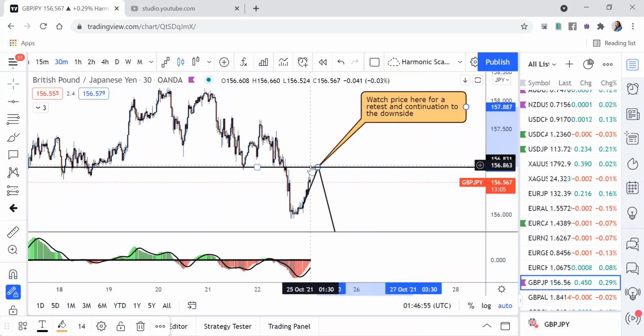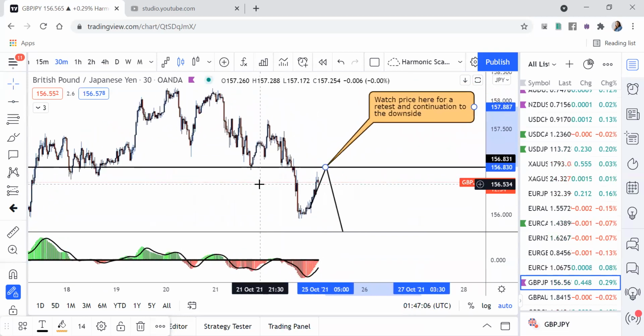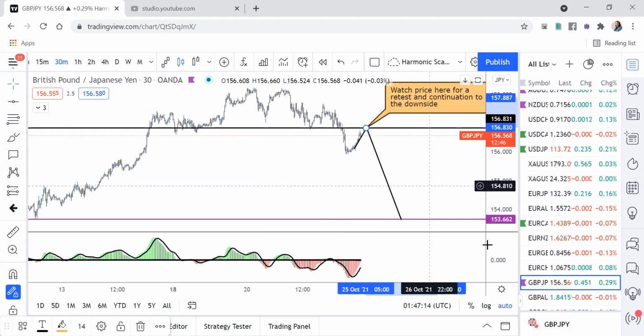This might happen during London. I'm going to talk about London shortly as well. So watch this for break and retest and continuation to the downside.